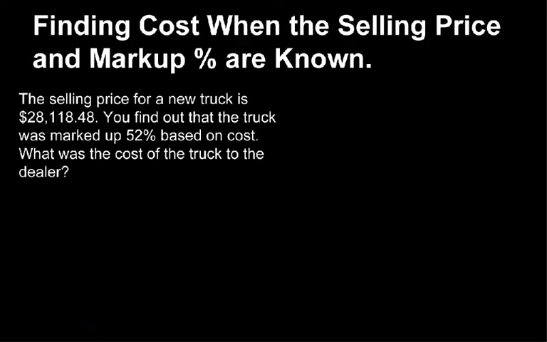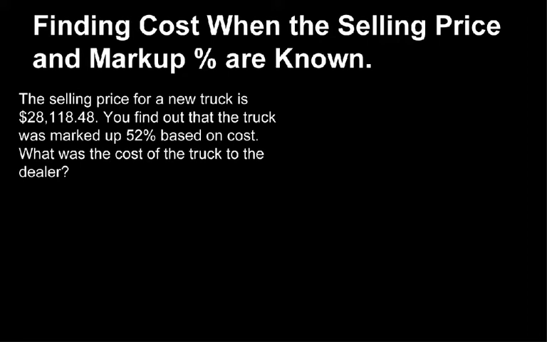Okay, now you may be asked to find cost if you're given the selling price and the markup percent. So in this case, it says the selling price for a new truck is $28,118.48. You find out the truck was marked up 52% based on cost. What was the cost of the truck to the dealer? So it's basically asking you how much did the dealer pay for it before the markup was added.